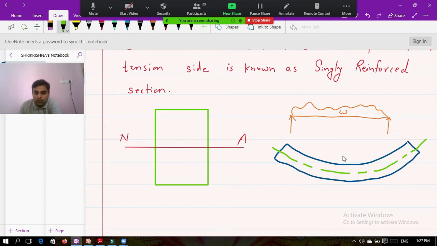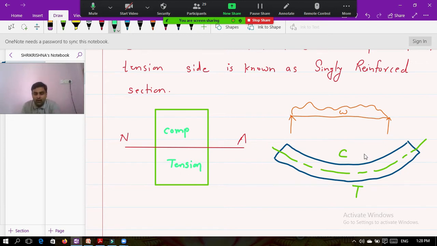Above the neutral axis there is compression, and below the neutral axis the tension zone is there. Same thing is there in the beam. So this is called the compression zone, and this zone is called the tension zone.